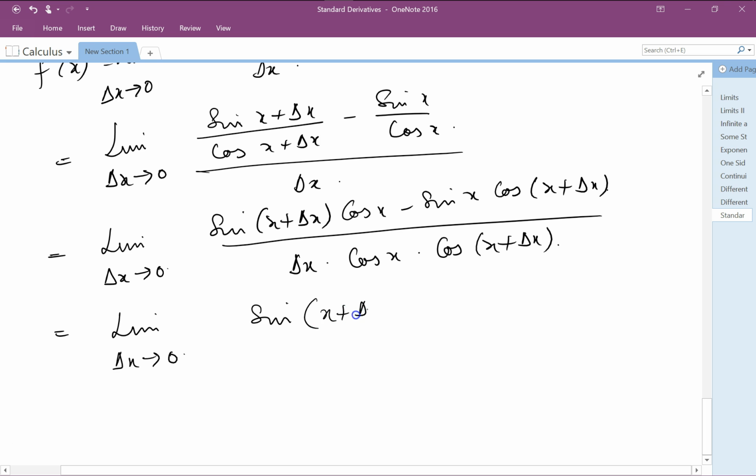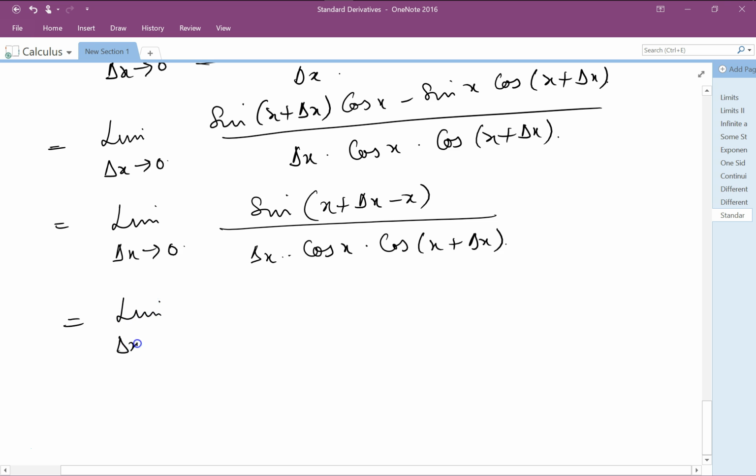So x plus delta x minus x, divided by delta x cos x cos(x plus delta x). As delta x approaches 0, this becomes sin delta x by delta x times 1 by cos x cos(x plus delta x).